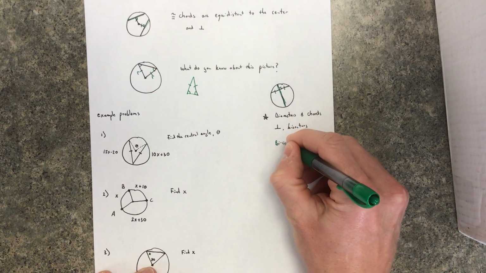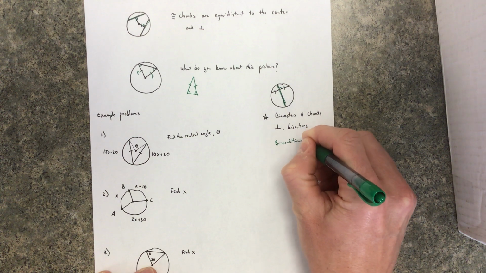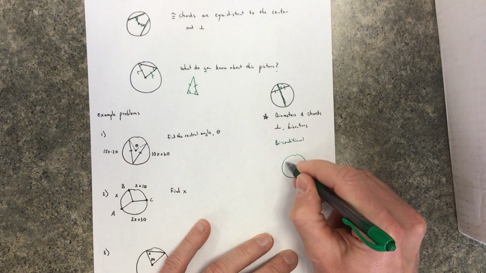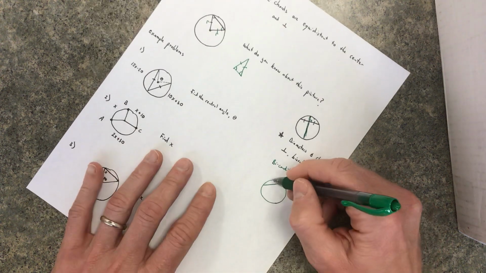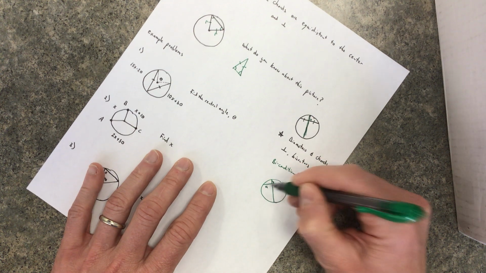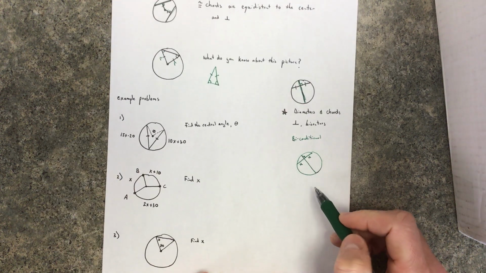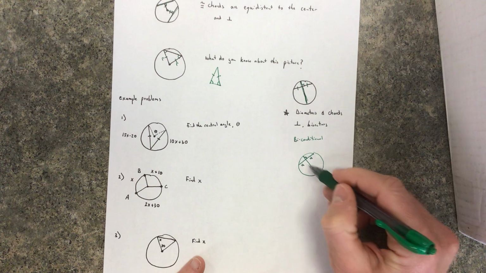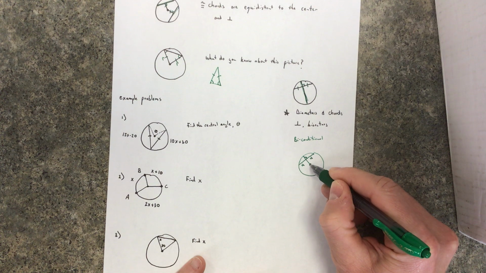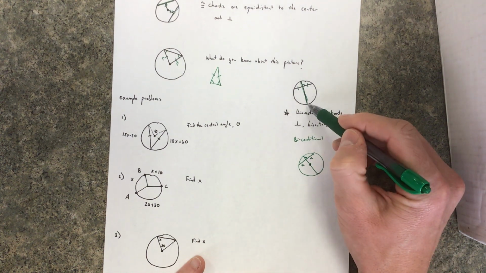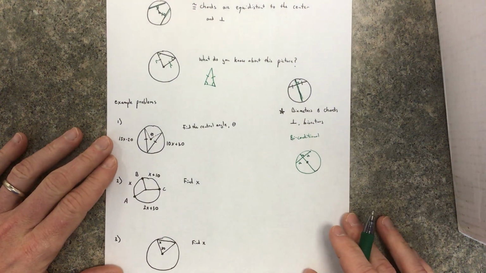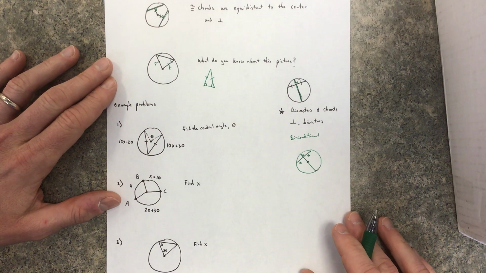So if you knew you had something like this, and you knew that was perpendicular, and you knew that was 4 inches, and you knew that was 4 inches, do you know that that bad boy is the diameter? Yes. If you know a chord bisects it and is perpendicular, then you know that chord is the diameter. Just like up here, if you knew this was the diameter, then you know it bisected and was perpendicular. So we know diameters are perpendicular bisectors to chords.